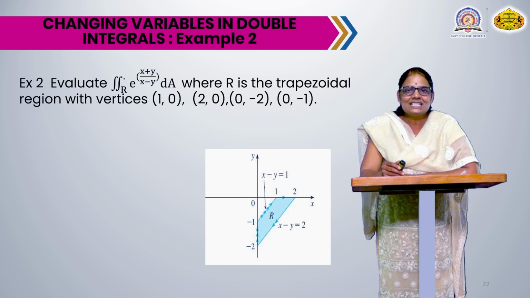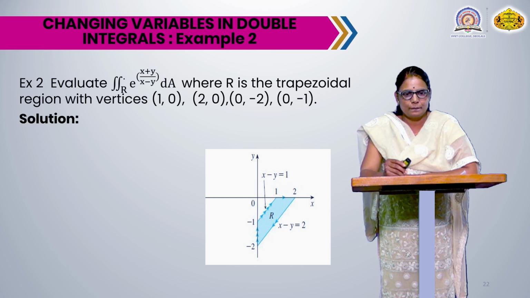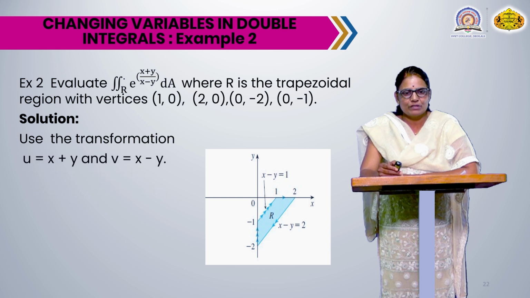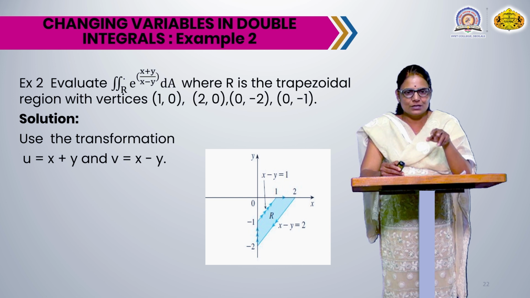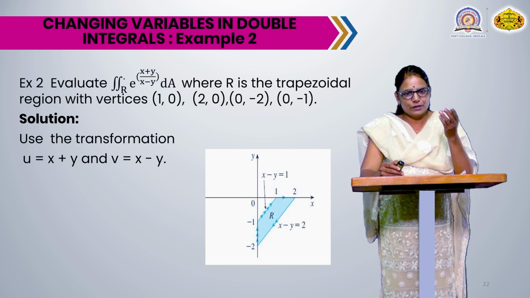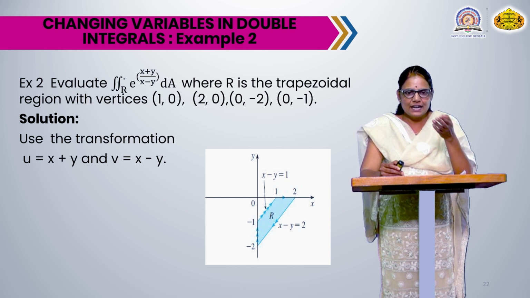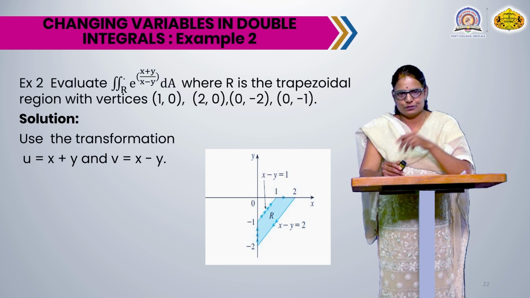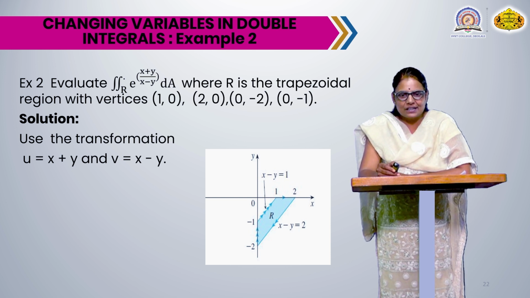So this integrand suggests we use the transformation u equals x plus y and v equals x minus y. We can interchange this also: you can put v equals x plus y and u as x minus y also. Okay, so we use this transformation.